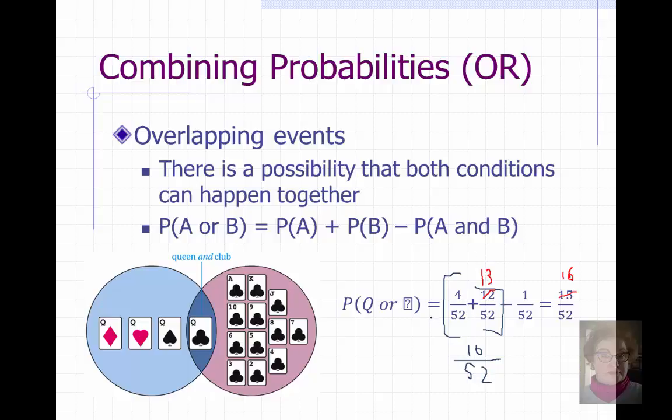So what I wrote on the slide is the mathematical rule, and what we did here in talking, that's the intuitive rule. You get to the same thing both ways.